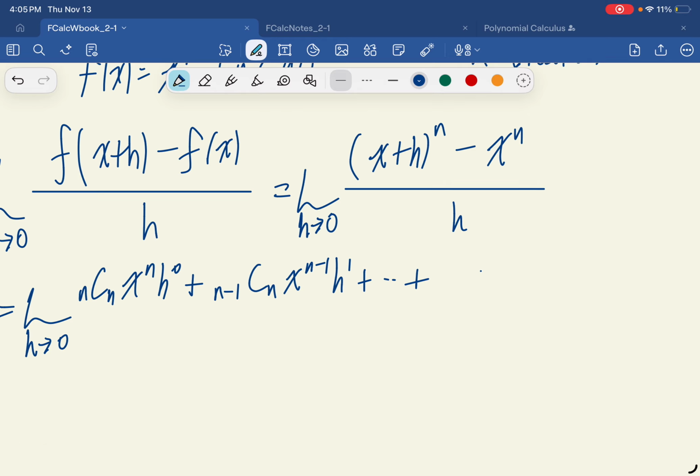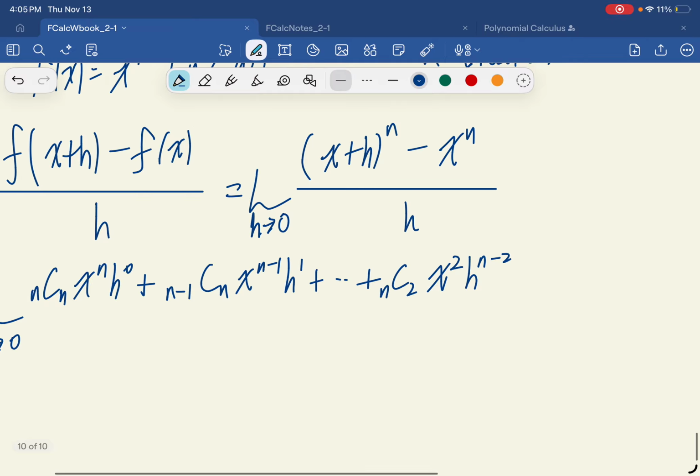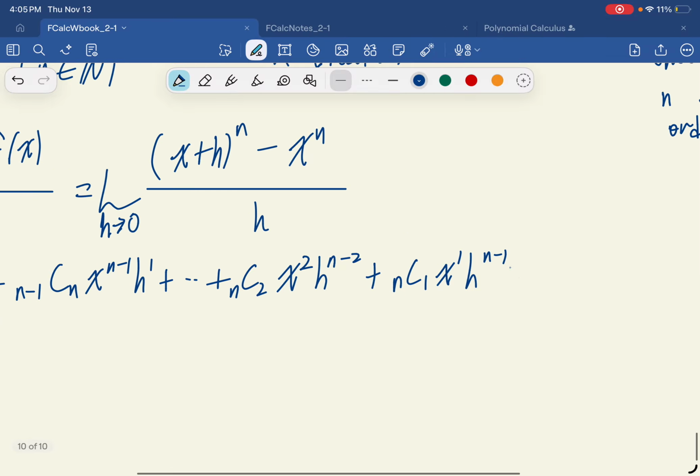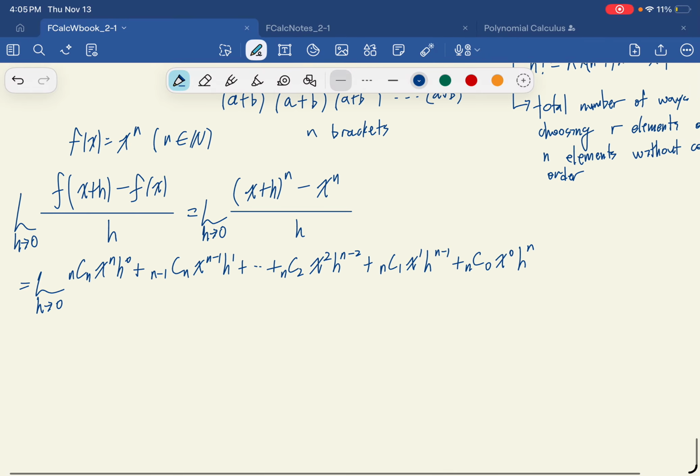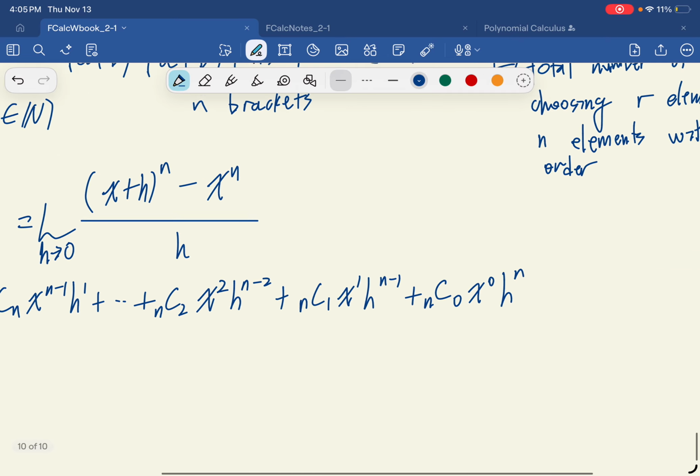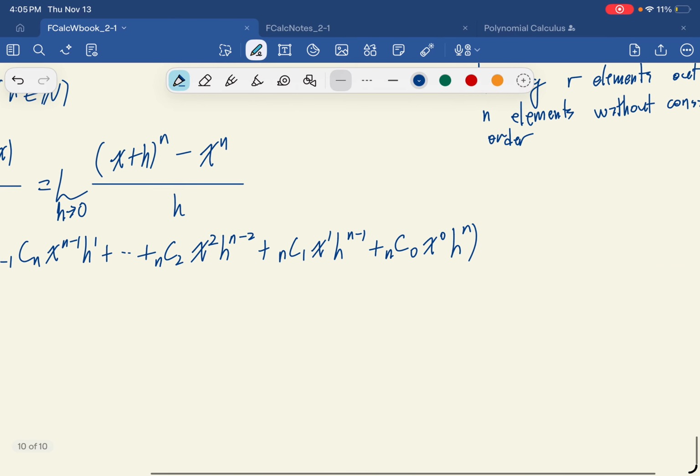It's going to be nC2 x to the power of 2 times h to the power of n minus 2, plus nC1 x to the power of 1 h to the power of n minus 1, and finally nC0 x to the power of 0 h to the power of n. So that's our expanded x plus h to the power of n using the binomial theorem.